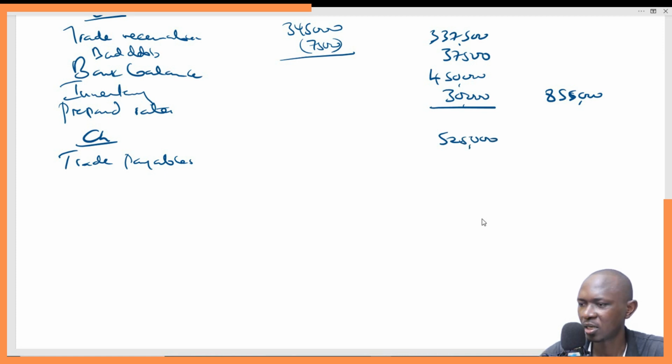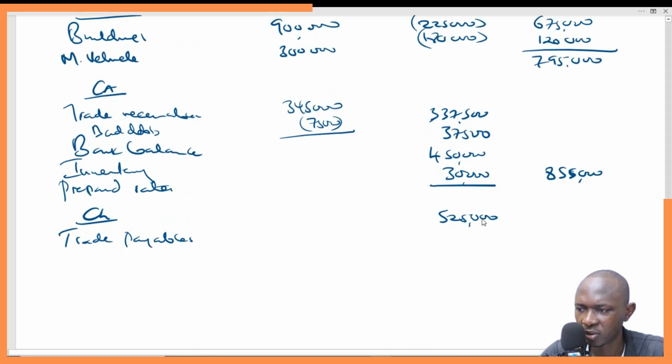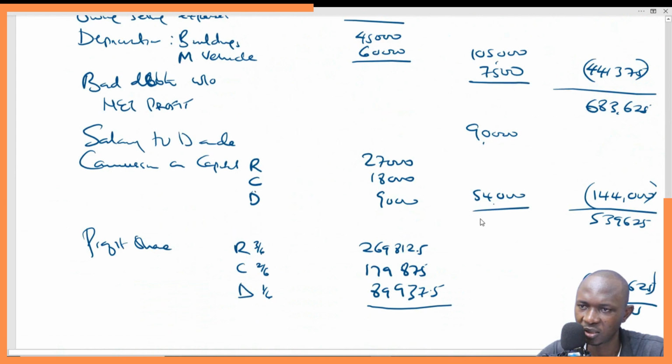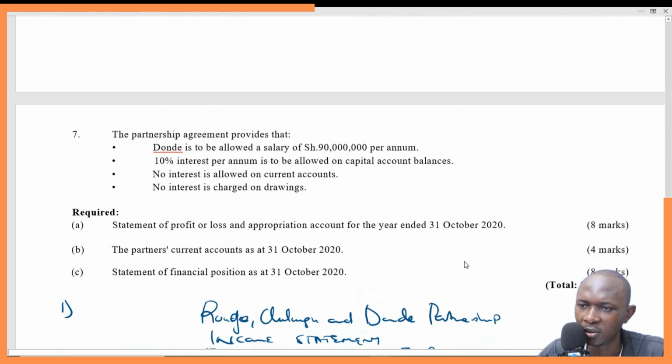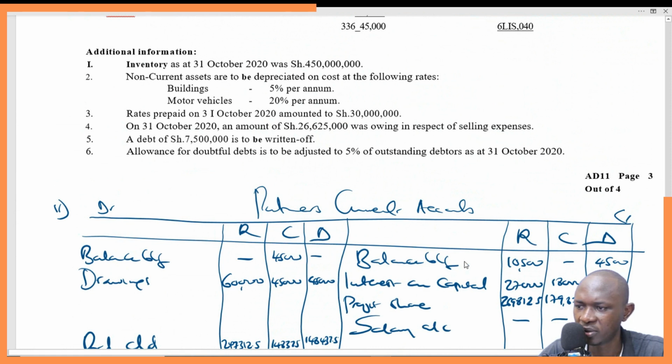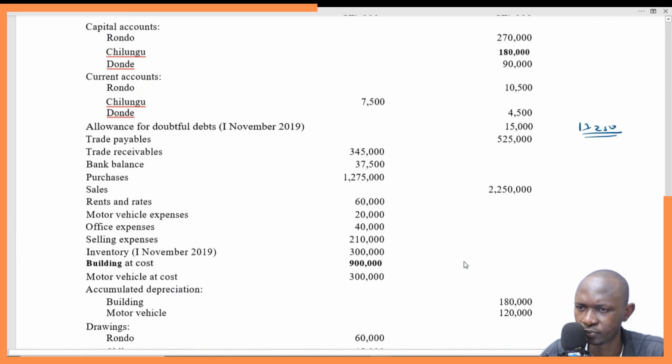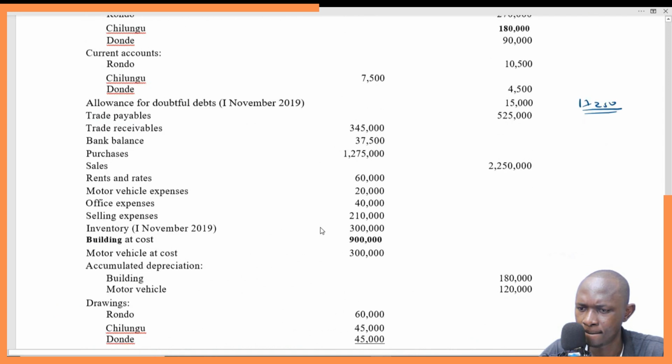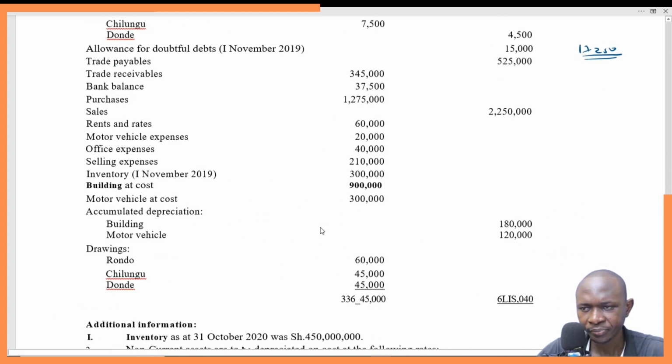You can always click and download them, so that you don't have to rush all the way up there the way I'm doing. Trade payables, 525,000.